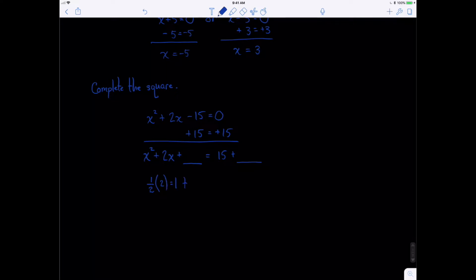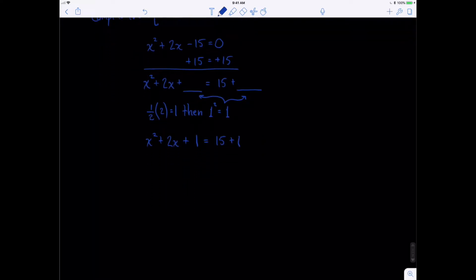And then we square that. 1 squared is also 1. And so 1 is what goes in each of these positions. So now I have x squared plus 2x plus 1 equals 15 plus 1. The whole point of doing that is that the left-hand side is now a perfect square, and I know how it factors.